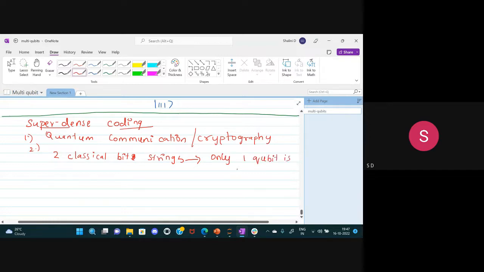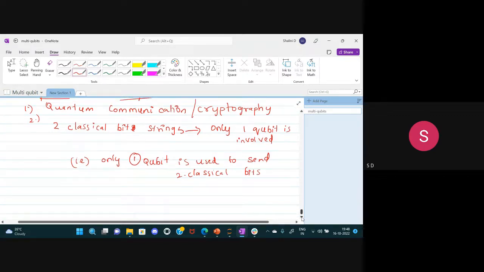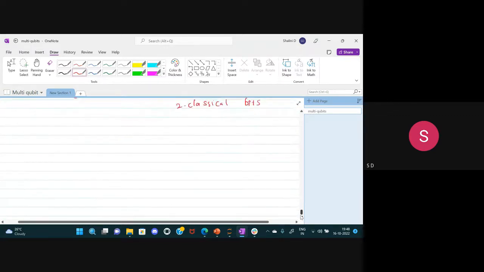So only one qubit is used to send two classical bits. Now the $1,000,000 question is how? That is what we are going to see.